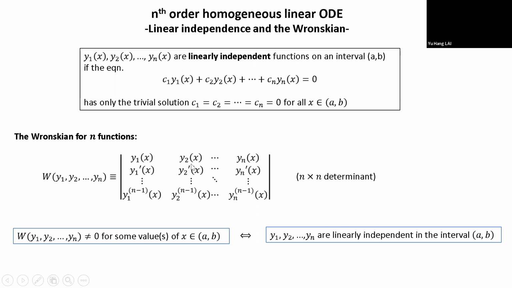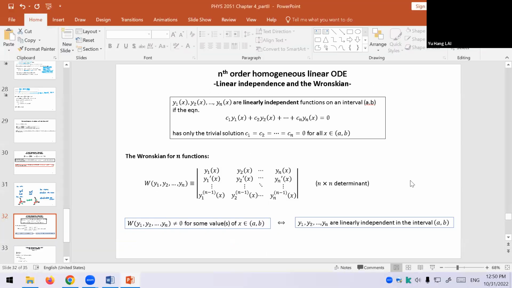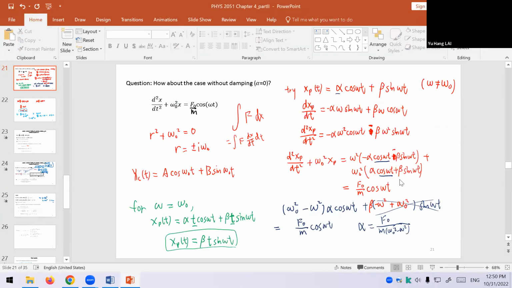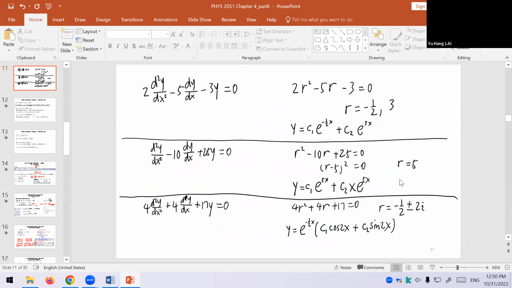Then again we calculate this. If you find that this Wronskian is non-zero for some x, just for some x, not always, then you say that these n functions are linearly independent in that interval. So this slide is the same as what we have.